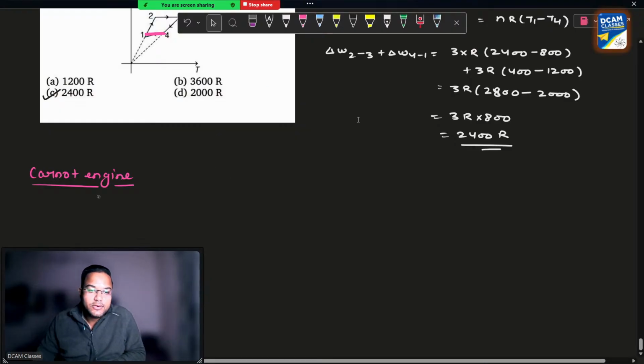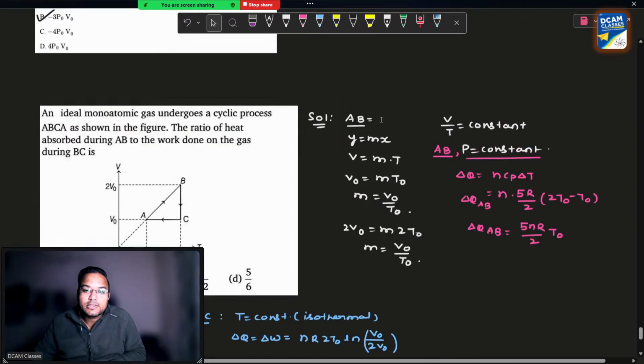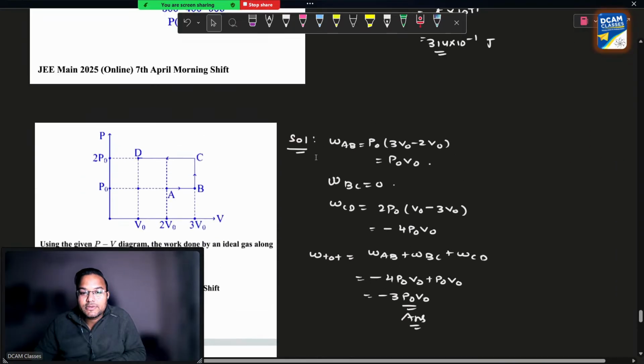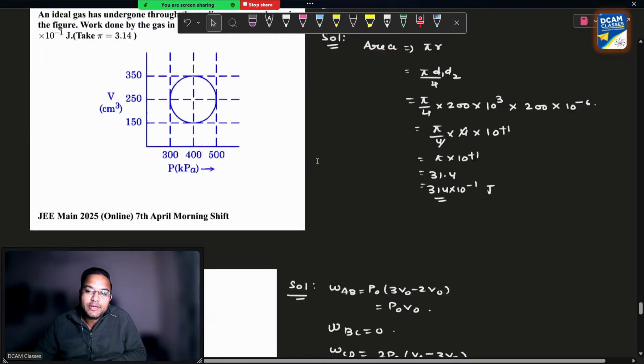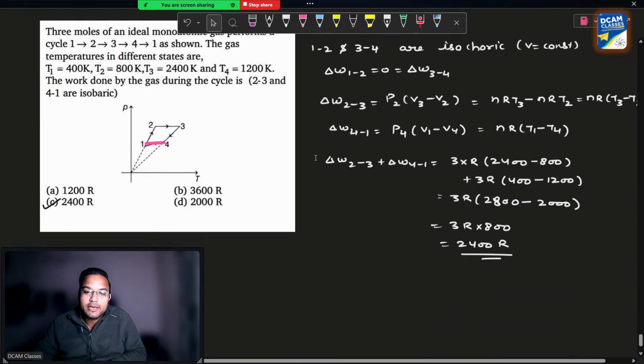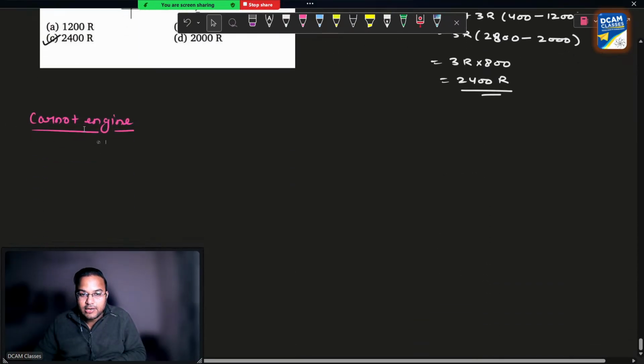Now what we are going to study is this Carnot engine. The basic processes which were there, we have already completed. Today we'll try to complete the Carnot cycle. Carnot engine is an engine which is supposed to have the highest efficiency.